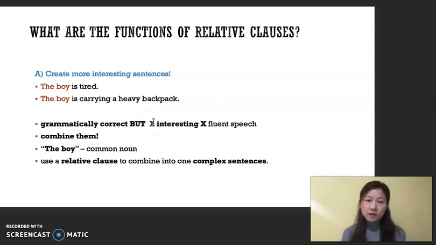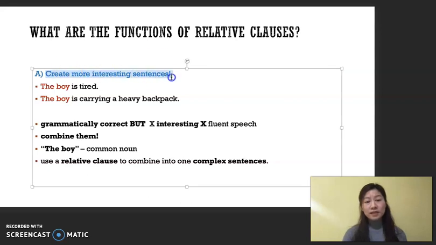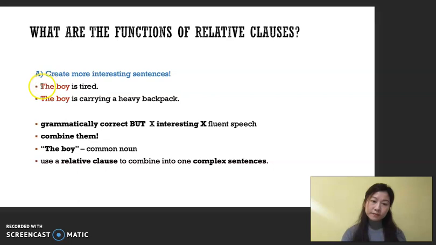Now, what are the functions of relative clauses? The obvious one, or the most common one, would be that it actually helps you create more interesting sentences. Let's look at these 2 examples here. We got 2 sentences. The boy is tired. And the boy is carrying a heavy backpack.